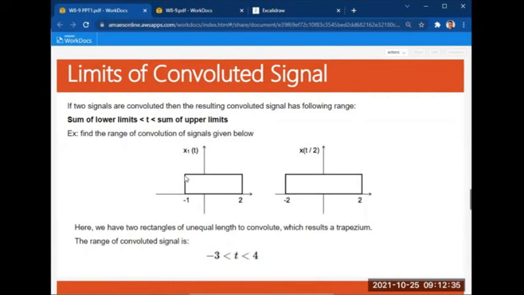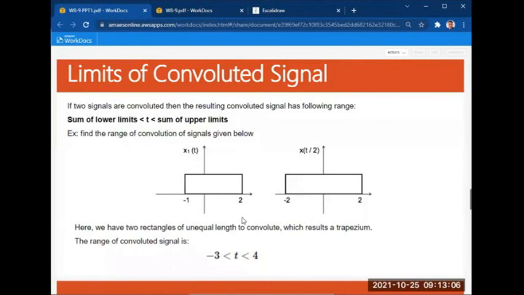One rectangle has a lower limit of -1, the other is -2. The upper limit of one is 2, the upper limit of the other is also 2. To find the limits, we add the lower limits, -3. We add the upper limits, 4. So the range of our convoluted signal is from -3 to 4.